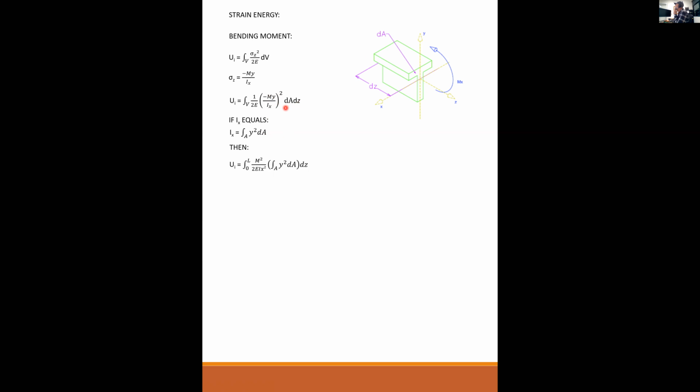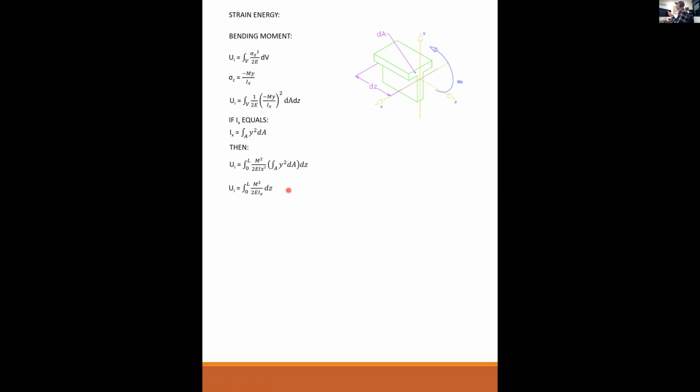and then separated my integral over V into the integral over the length, and here's the integral over the area. So this separated into two integrals, and then dV I had already separated into dA dz. So without doing anything yet, I just isolated the integral over A of y squared dA from just collecting terms.